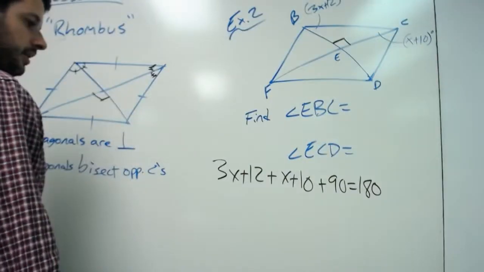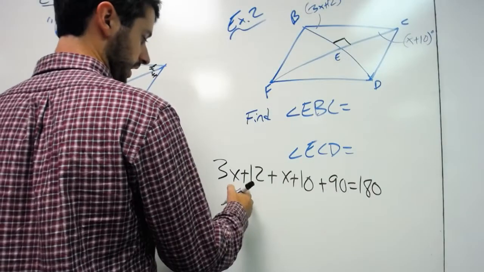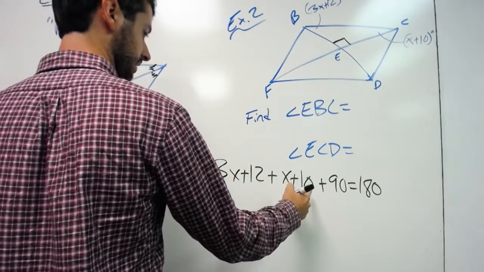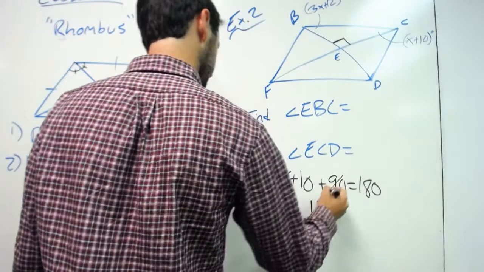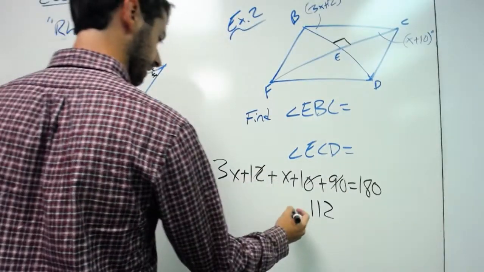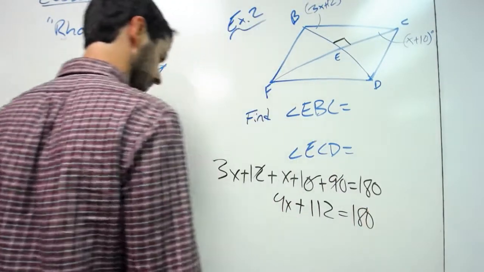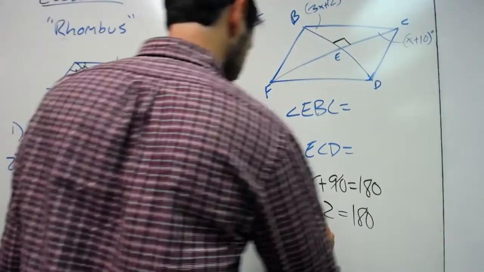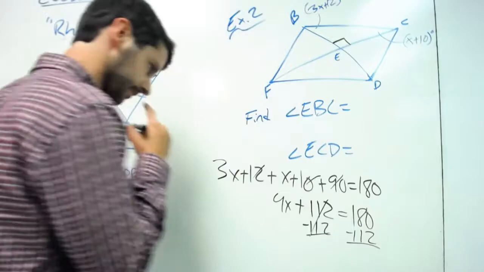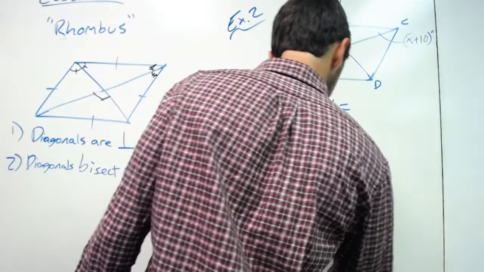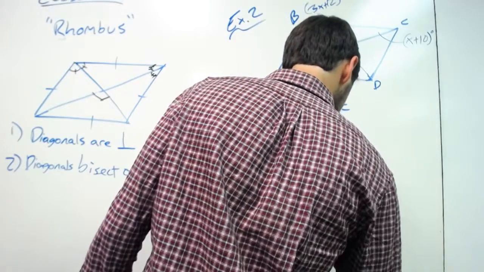Then we'll go ahead and add 12 and 10 and 90 together to get 112. And then 3x plus x is 4x. Those all equal 180. Subtract 112, and that would be 68 equals 4x.